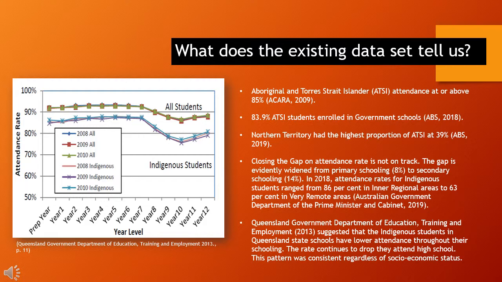The pattern becomes more prominent in rural and remote areas compared to the metropolitan areas. The Department of Education, Training and Employment in Queensland informed that this pattern has not much to do with their socio-economic status. In summary, closing the gap is yet to be achieved.